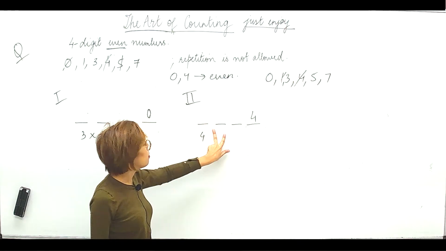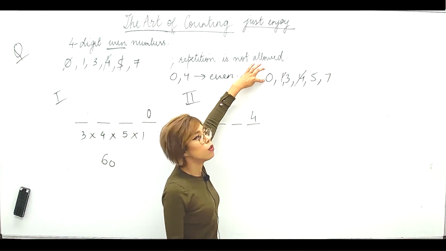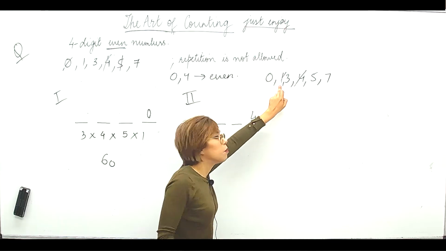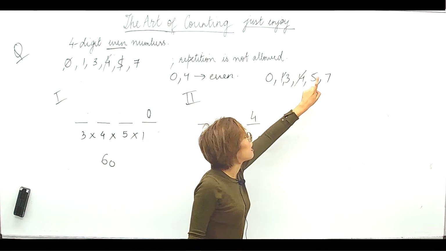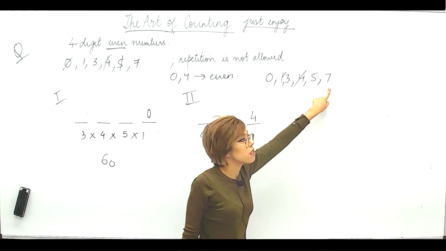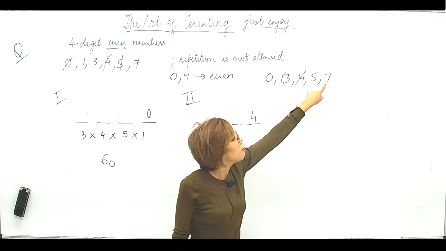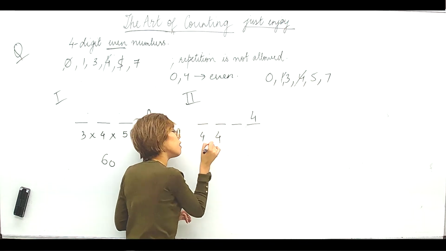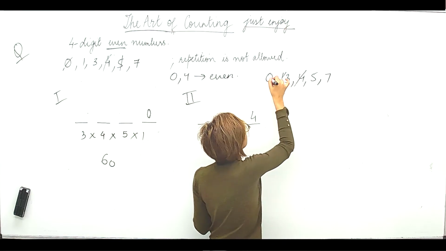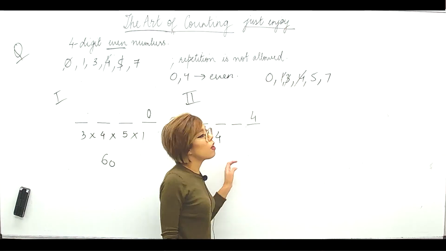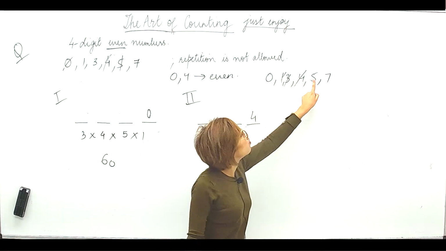Now let's fill up this place. Now I can put in 0. Obviously I can't put in 1 because I've already used it. I can put in 3, I can put in 5, I can put in 7. How many choices? 1, 2, 3, 4. 4 choices again. And suppose out of these 4 choices I have exhausted 3. So now how many choices do I have? 1, 2, 3.